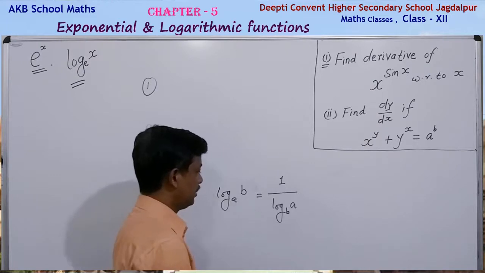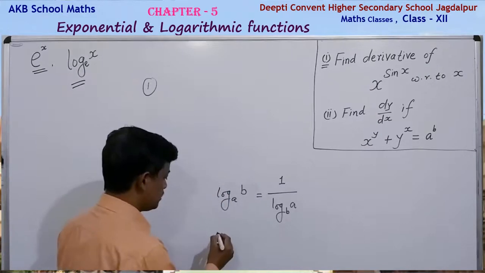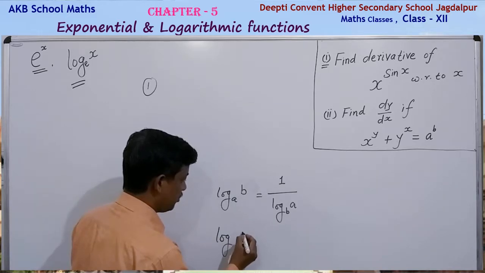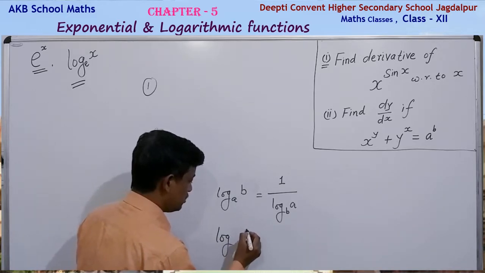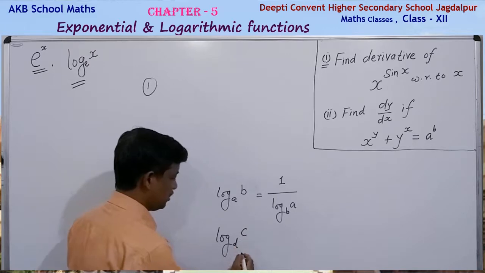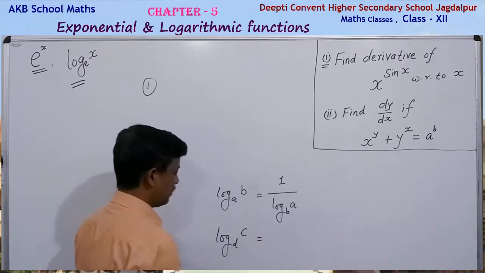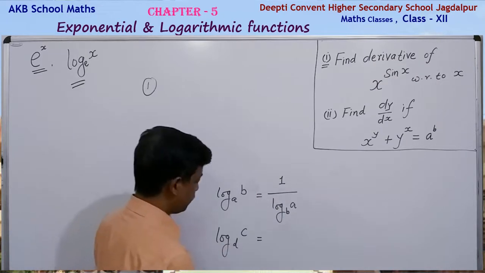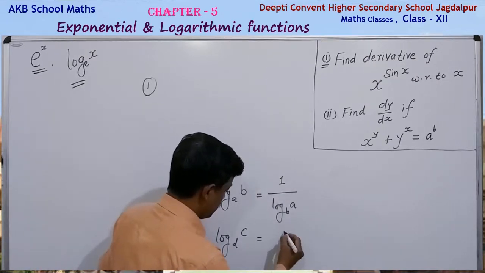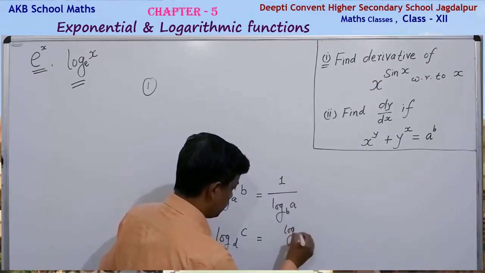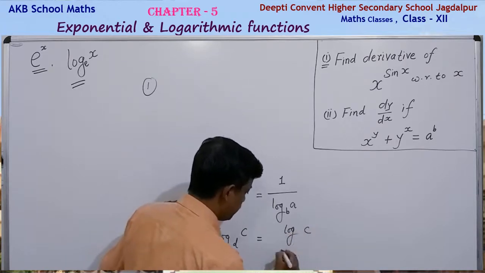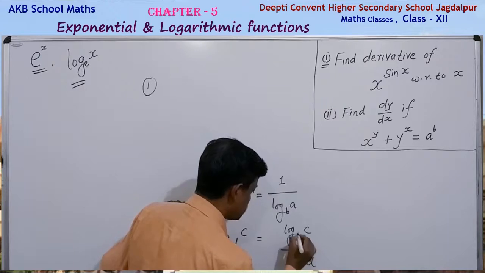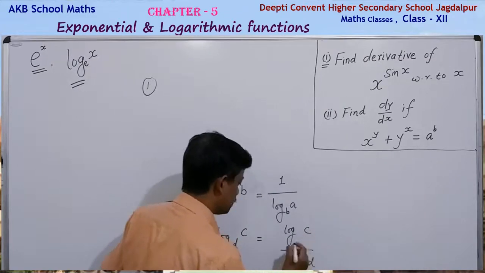Another thing is that suppose log of c to the base d, then you can write this logarithm as log of c upon log of d, with some other base, suppose k.